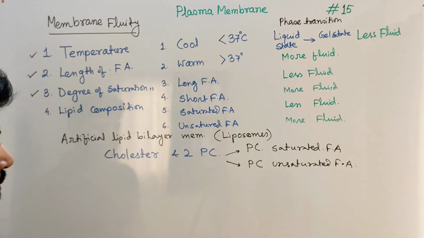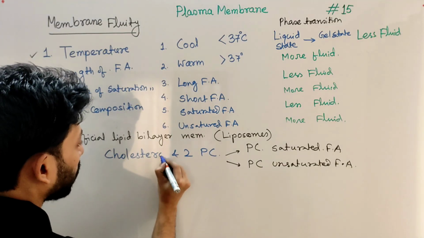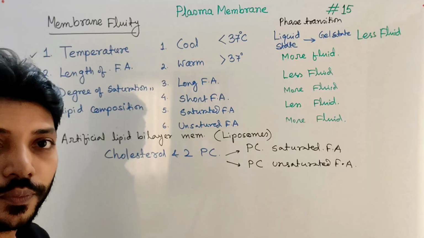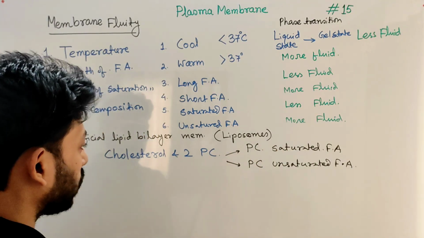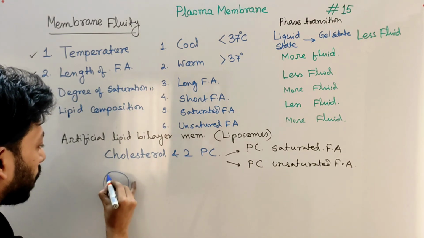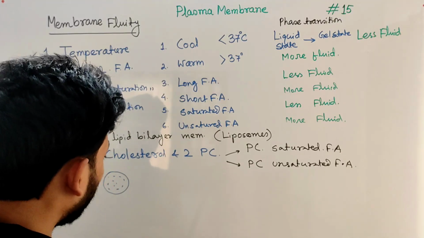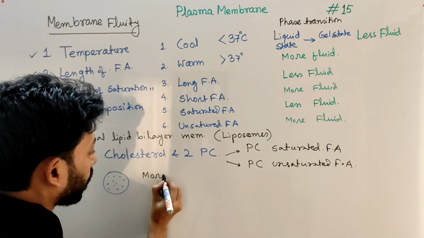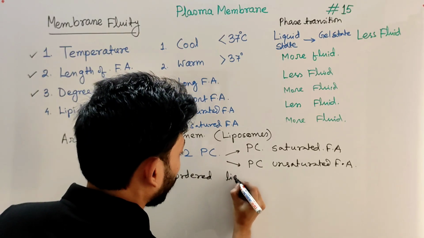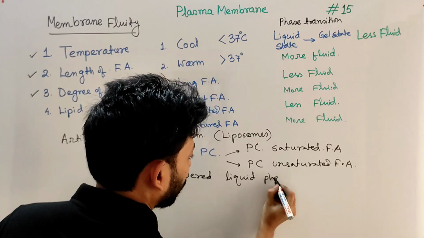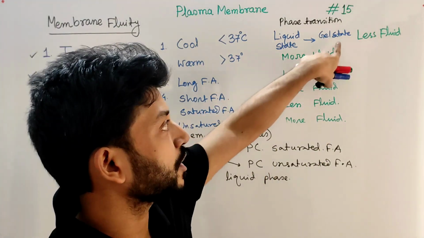Now they observe that when they mix cholesterol with these two kinds of phosphatidylcholine, the saturated phosphatidylcholine actually segregates, they clump, they segregate to form a more ordered liquid phase. Now I have mentioned that there are two states, the liquid state and the gel state, and that is called phase transitions.